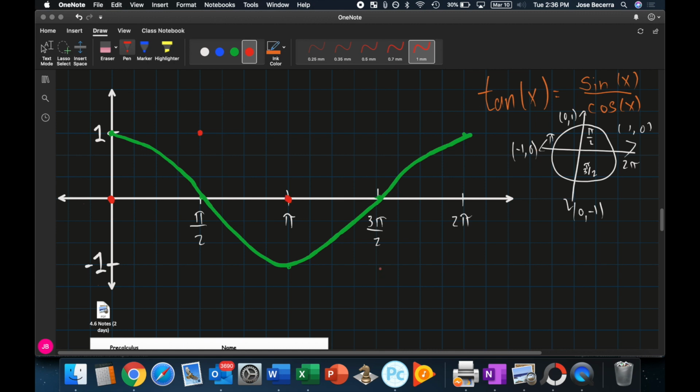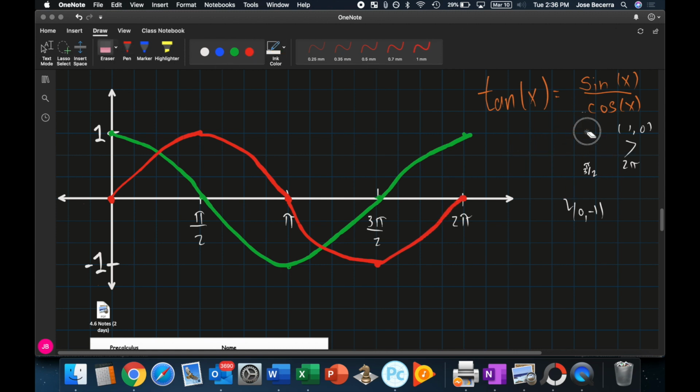At 3 pi over 2, sine is? -1. And at 2 pi? 0. We're back to 0. So once again, we have completed a full cycle, a full rotation around the unit circle. And we end up with something like this.